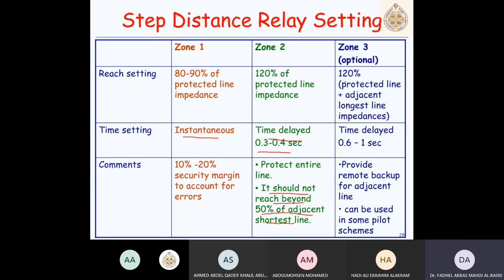Zone 3 should cover the protected line plus the longest adjacent line. Okay, I'll take 110 to 120% of the summation of the impedance of the line plus the longest adjacent line. And it's delayed by twice the coordination time interval, so we can use from 0.6 to 1 second delay, to provide backup for the adjacent line.